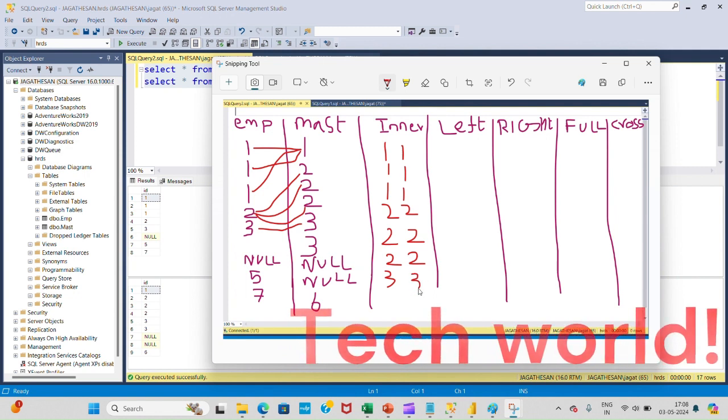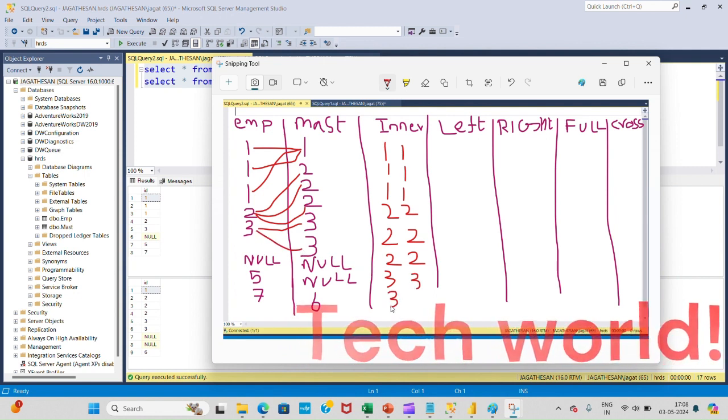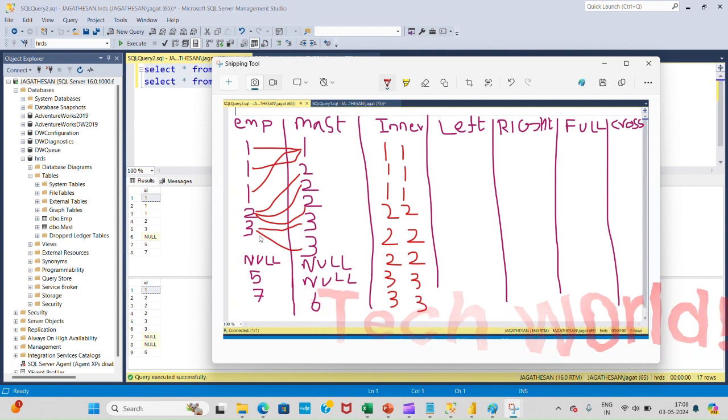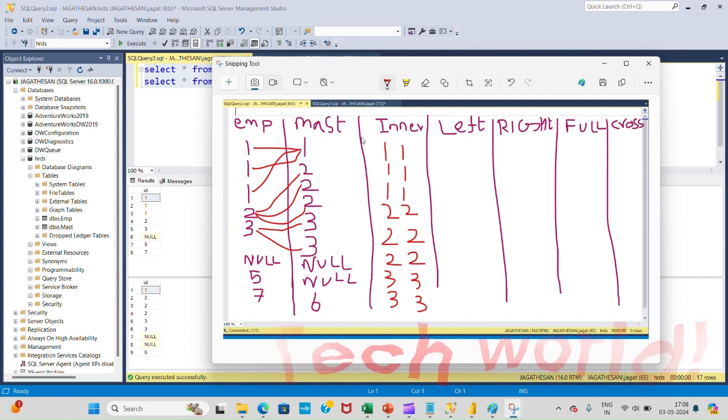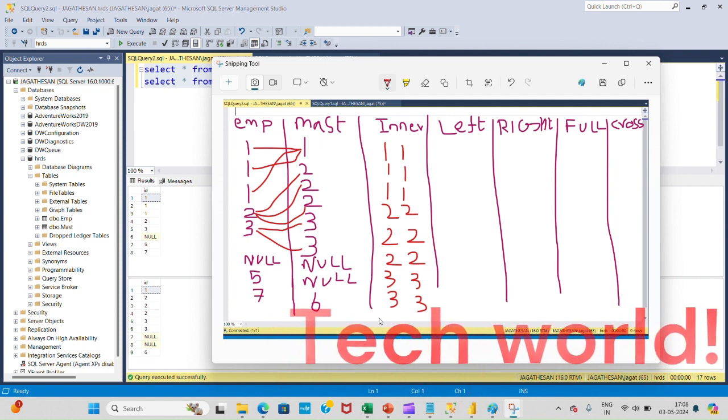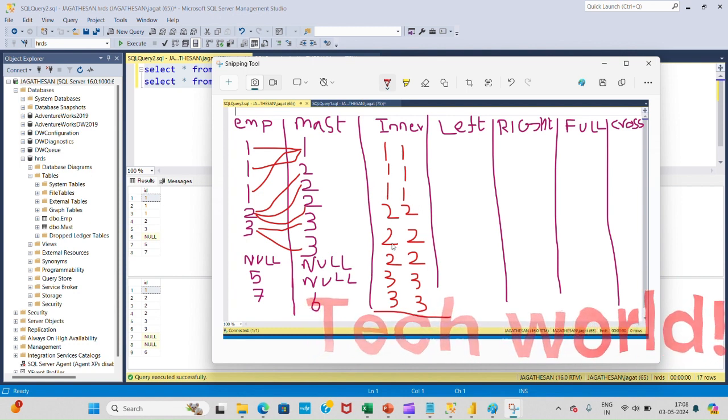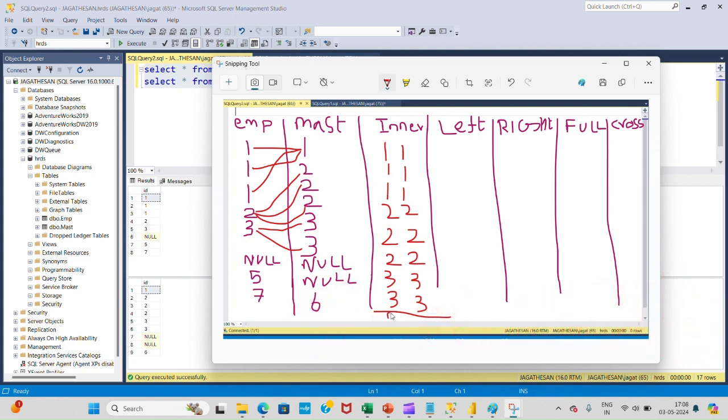Null cannot be compared with another null, and 5 and 7 have no match in the MOST table. The total count is 8.